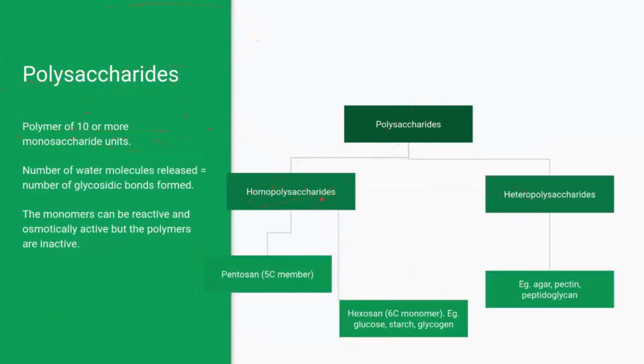Homo means the same monomeric units, and hetero means you can have more than one monomeric unit forming the structural chain of the polysaccharide. And here are a few examples. Pentosane and hexosane are two subtypes of homopolysaccharides. Pentosane means 5C, and hexosane means 6C monomers.